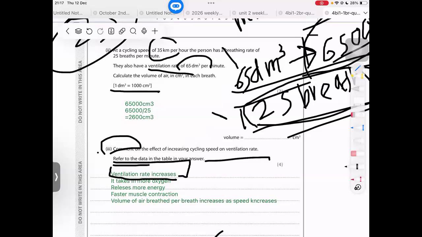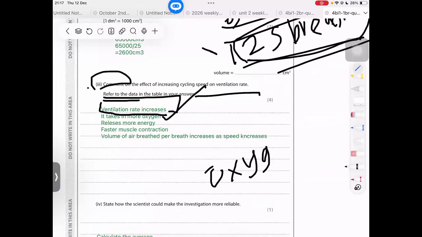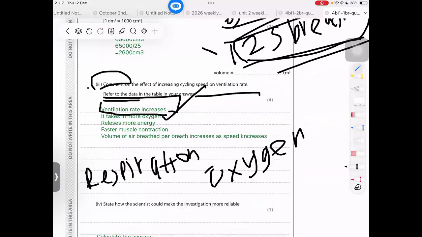Ventilation rate will increase. What does that mean? When ventilation rate increases, we are taking in more oxygen to our body because the amount of air which we are taking in is increasing. As a result, the amount of oxygen that we are taking in also increases. Aerobic respiration is the process of producing energy in our body.